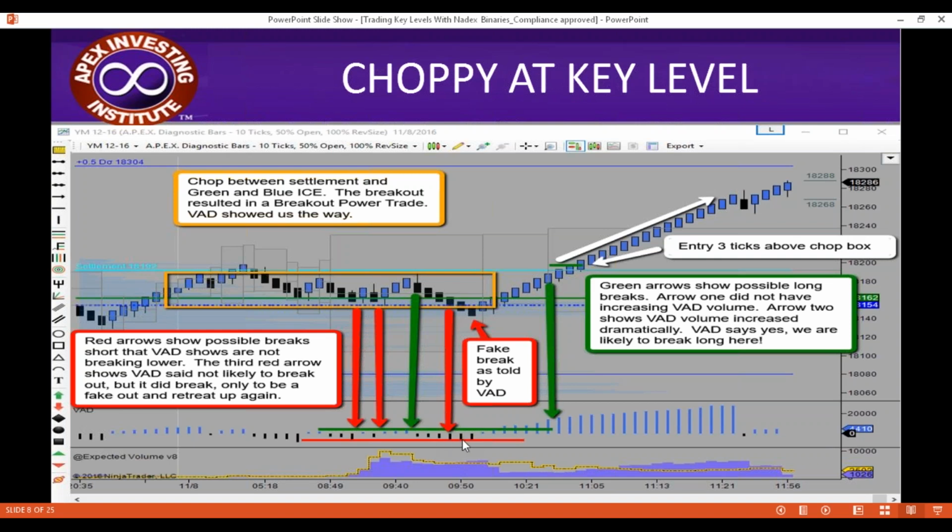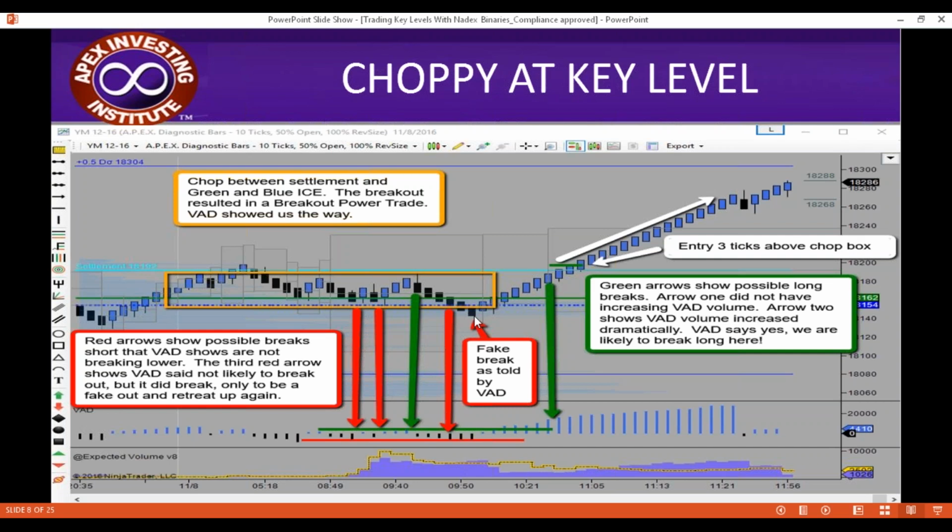But remember, volume was not exceeding here with this fake break. And then what happens? The market starts to come back up and up and up. And right here in this area, what does the market do? Right here, the market breaks the top of the chop box. Does that make sense? Right? It does a fake break.